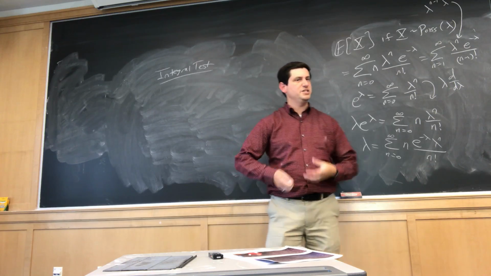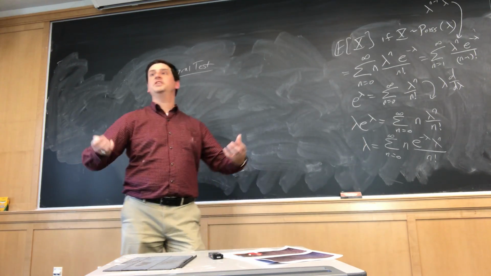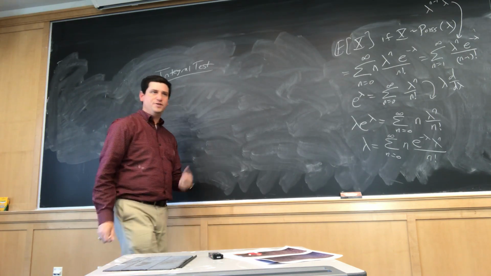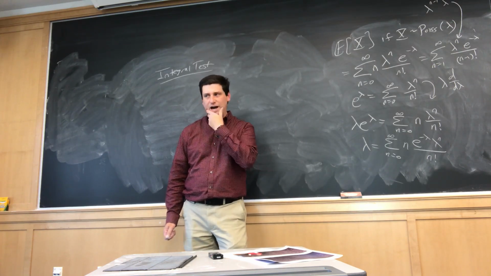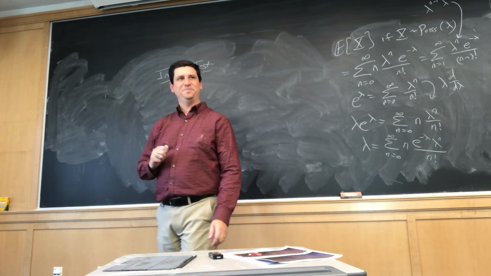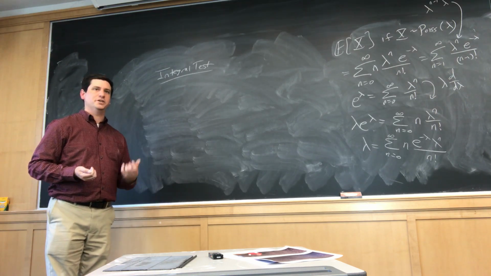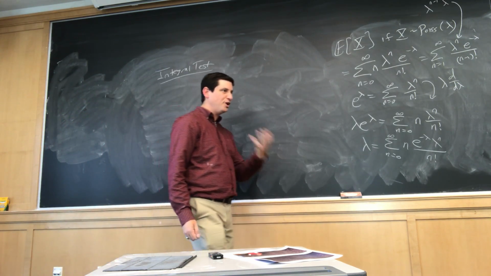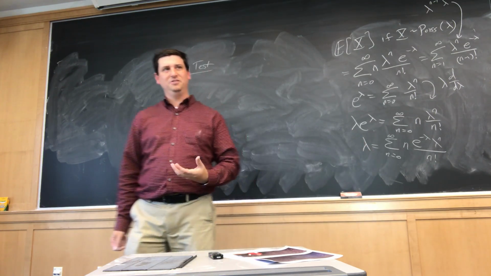The comparison test is almost like art. If I give you a quadratic and I ask you to stare at it and factor it, sometimes you can just look at it and see. For the comparison test, this is being artistic. You have to look and say, I'm going to compare you to the following. And that's where you need some kind of inspiration. The root test, plug into, plug into, plug into. You know what to do. Quadratic formula, plug into, plug into, plug into. It's mechanical.